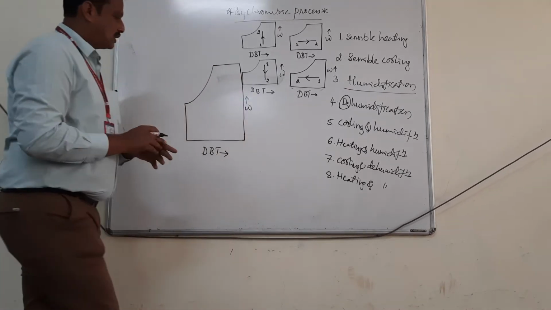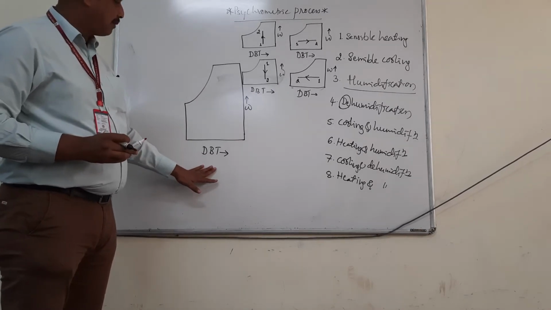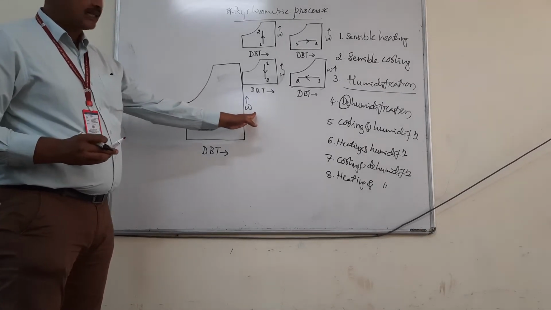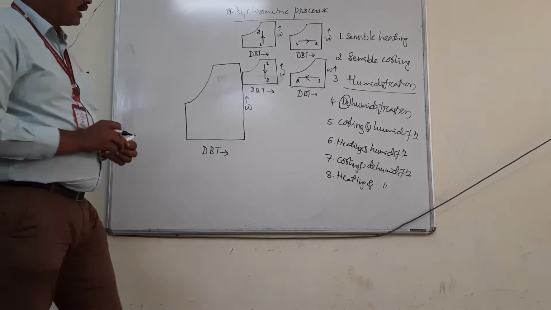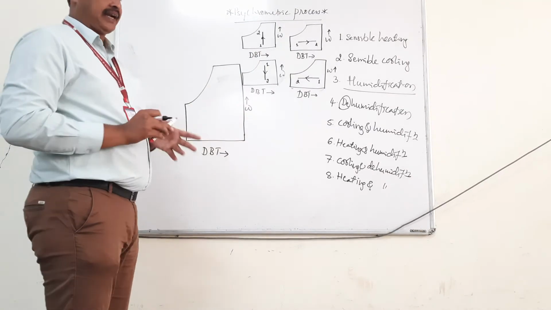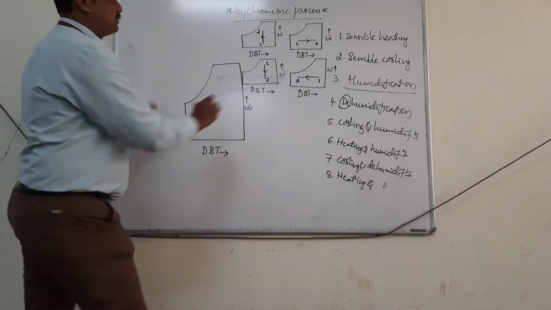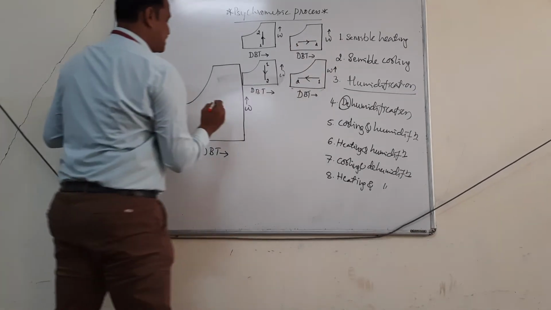Okay. So this is our psychrometric chart where on the x-axis it is DBT, that is dry bulb temperature, and on the right side y-axis it is omega, the specific humidity. Based on these two only, these 8 processes are defined. Okay. First we draw the sensible heating process.